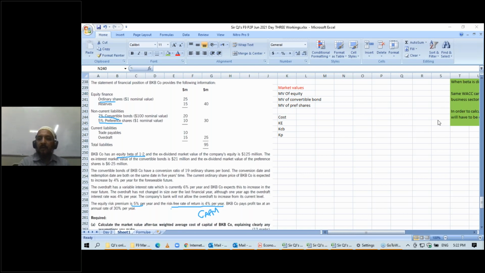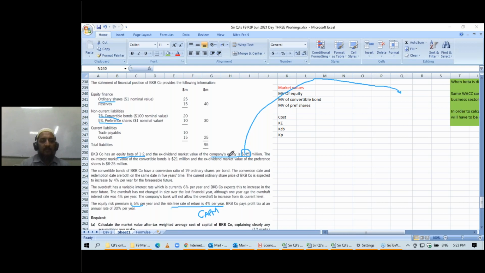They have given the market value of the whole company's equity, which is 125 million, right? So this will be taken over here as market value.